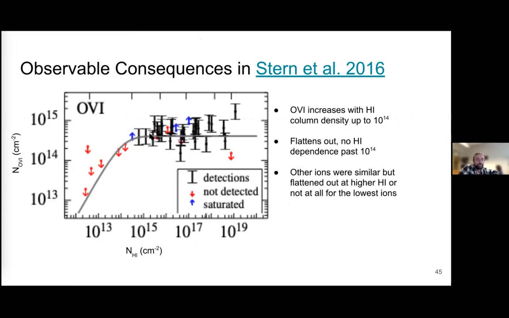But once you go through a cloud that contains oxygen 6, increasing your hydrogen density further doesn't give you more oxygen 6, because now you're going through denser, smaller clouds that are inside those previous clouds. So we get this kind of spatial connection. We have smaller clouds that have higher density and therefore lower ions, contained inside bigger clouds that have lower density and therefore higher ions, like oxygen 6.